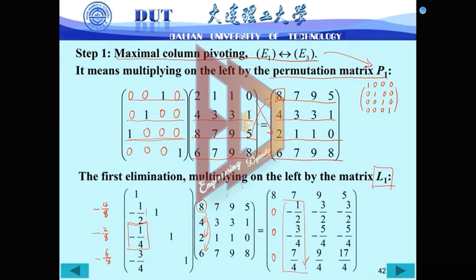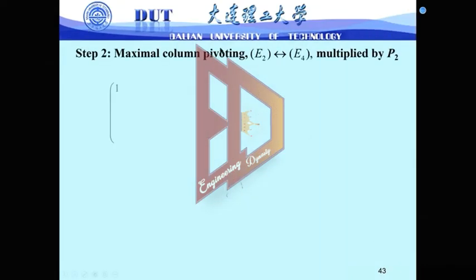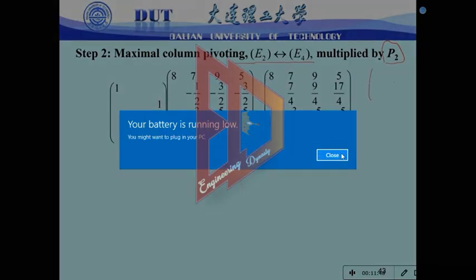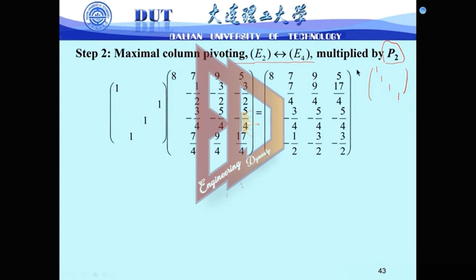Again, we need to interchange two rows: the second row with the fourth row, because we need to choose the new pivot. By maximal column pivoting, we interchange the second row with the fourth row. Again, we use a matrix to represent this operation. We obtain P2 from the identity matrix by interchanging the second row with the fourth row.